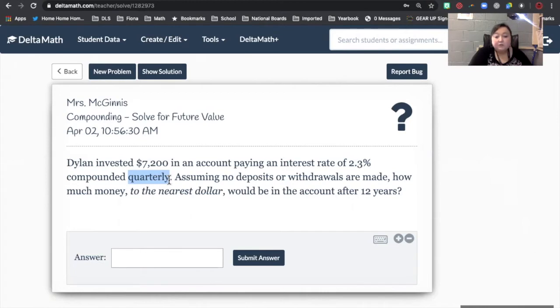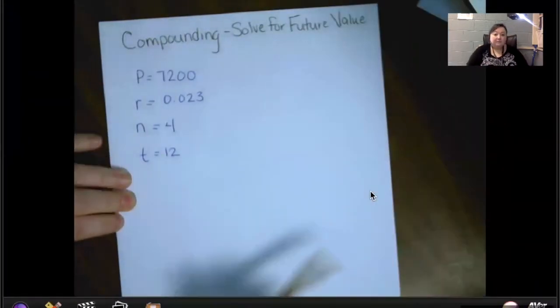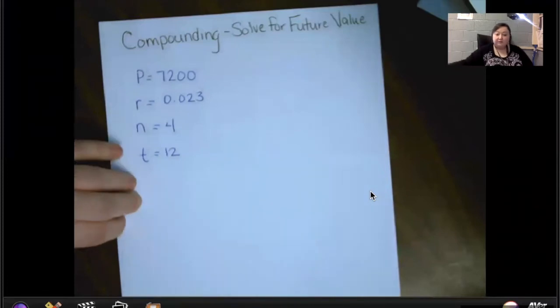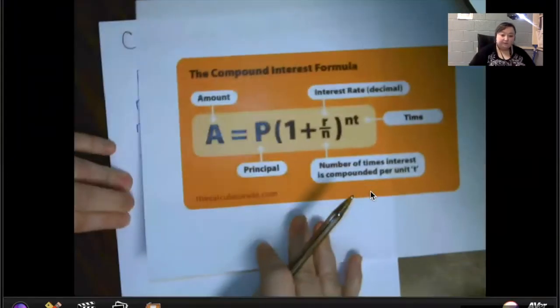Okay, so no deposits or withdrawals are made. How much money to the nearest dollar would be in the account after 12 years? So our t value is going to be 12. Okay, so going back to our formula, we've got all the information we needed.